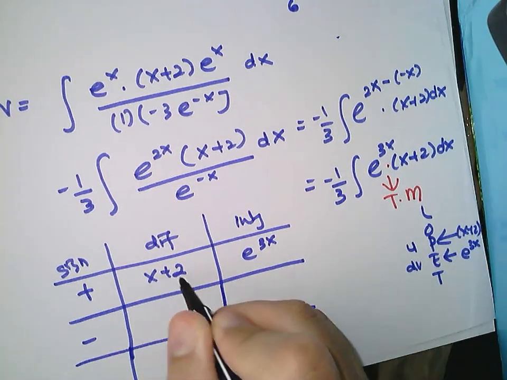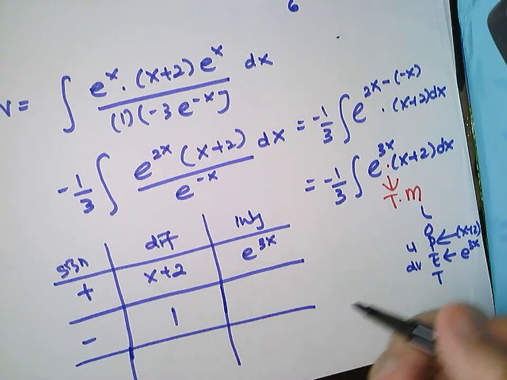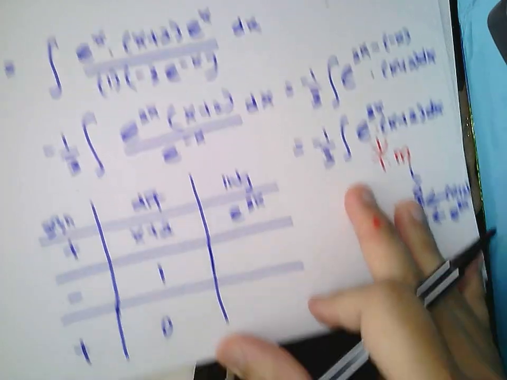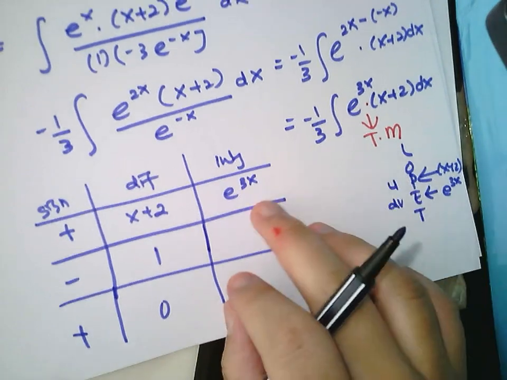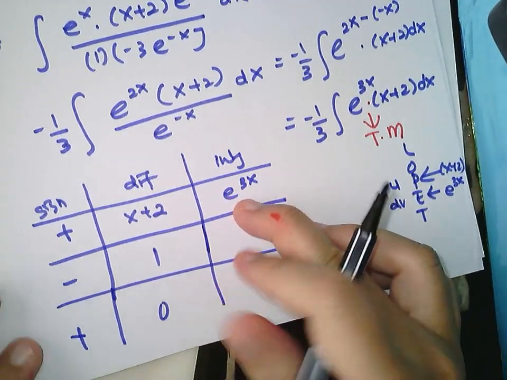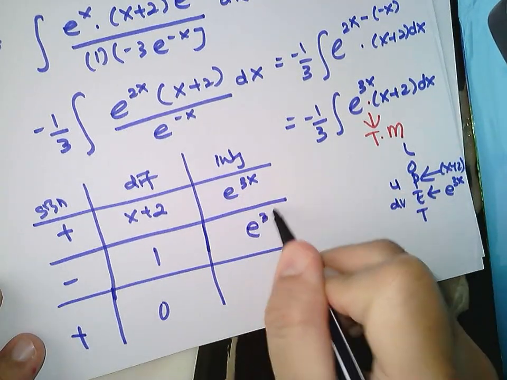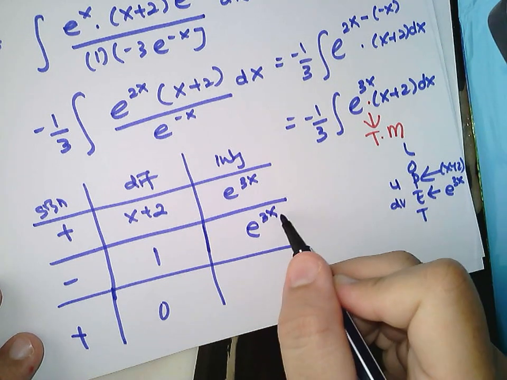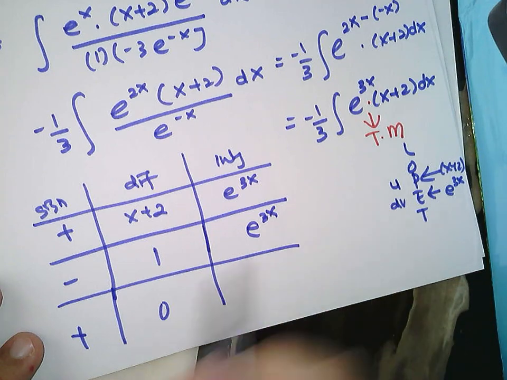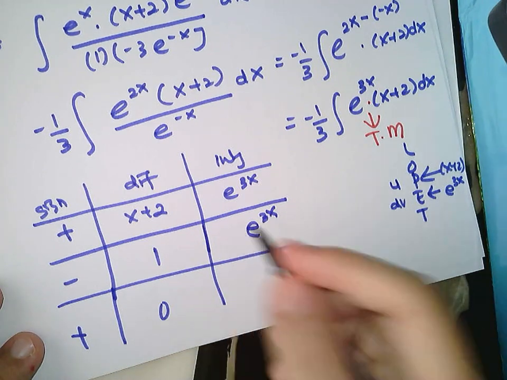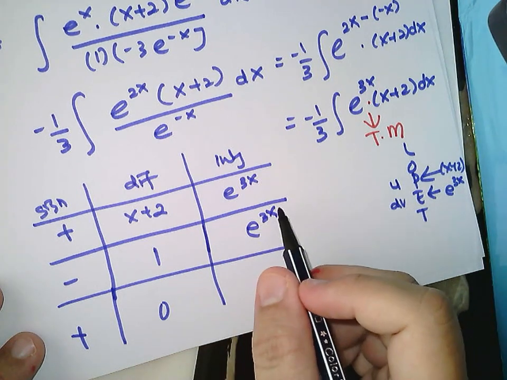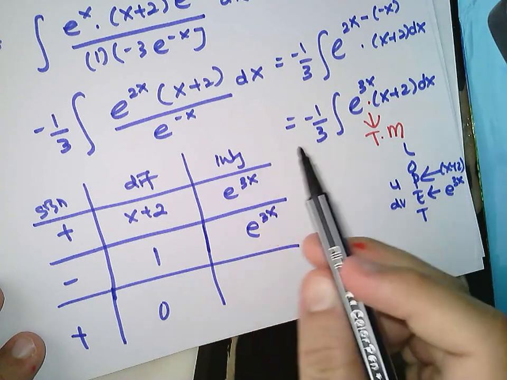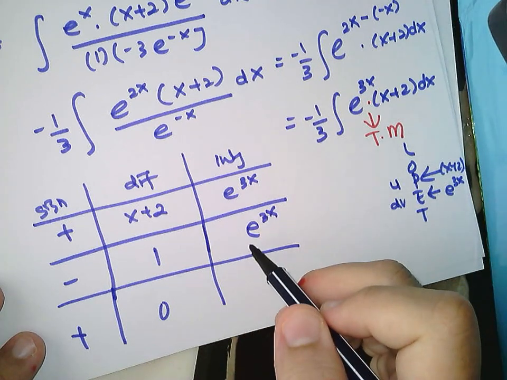So x plus 2, differentiate x will give you 1, differentiate 1 will give you 0. Okay, so now the remaining problem is this one. Integrating the exponential will give you the exponential, and you have to account for the power 3x, which gives you 3. For the differentiation process you would multiply by 3, isn't it? But for the integration process, you have to divide by 3.